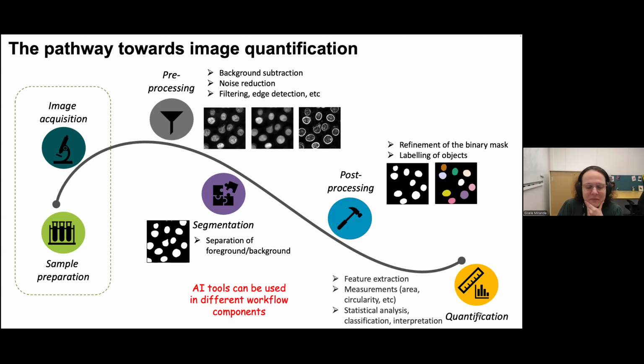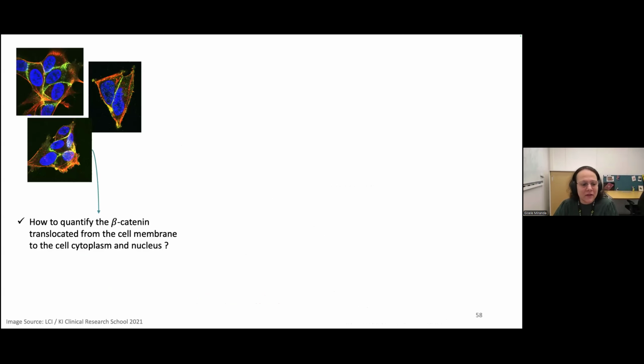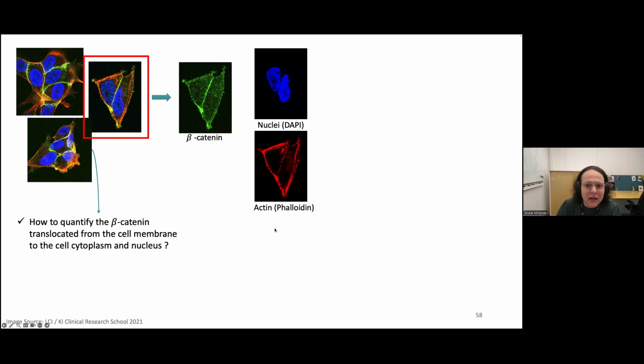One thing that I like to highlight as well, since we are more and more using AI tools, is that they can be used in different steps of this pipeline. One example of this workflow would be quantifying beta-catenin translocation from the cell membrane to the cell cytoplasm. The first step would be to split the channels, so we can see each signal individually.